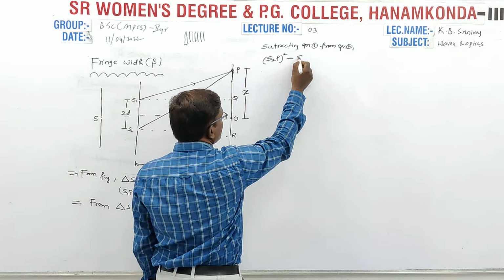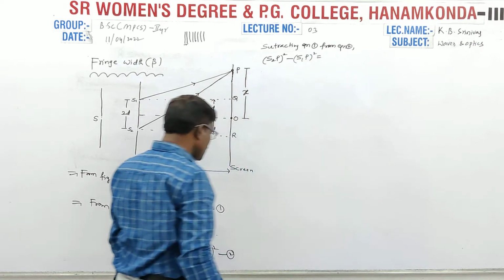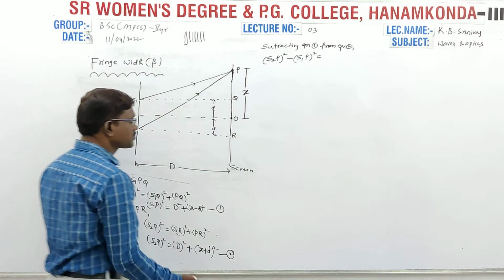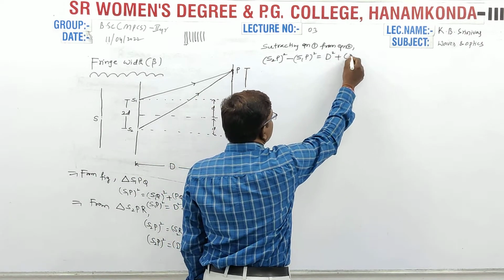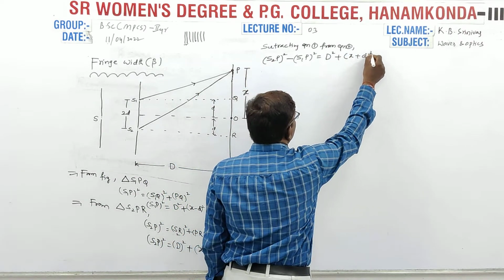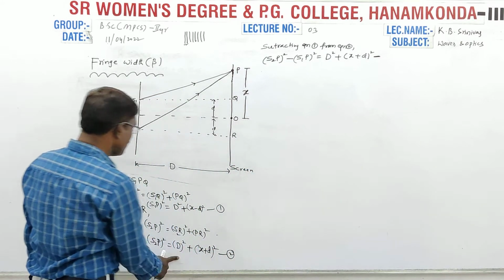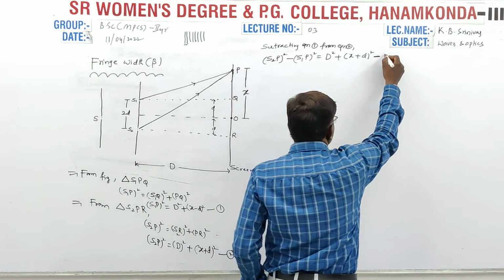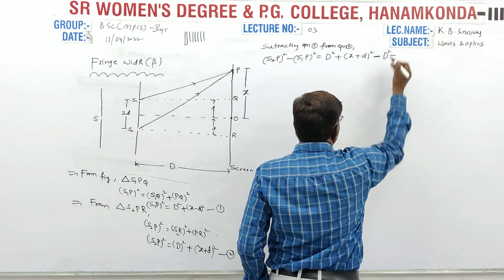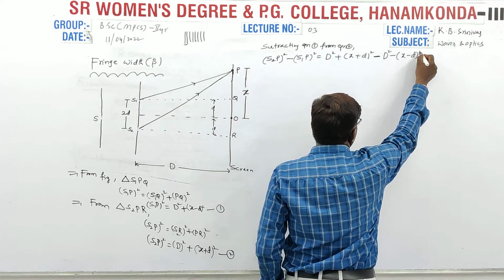S1P whole square. Coming to the right hand side, what is the RHS of equation 2? This one, capital D square plus X plus small d whole square, minus the RHS of equation 1, D square plus X minus d whole square.